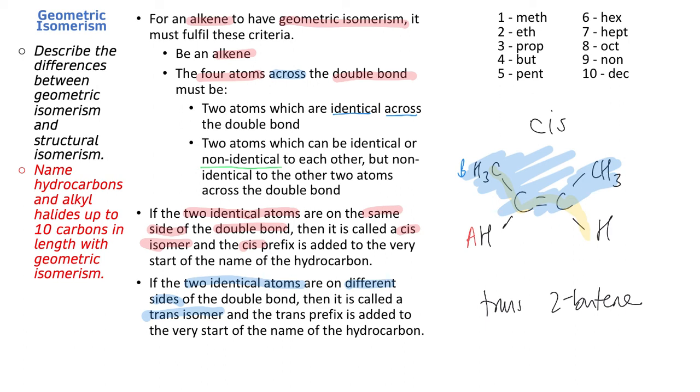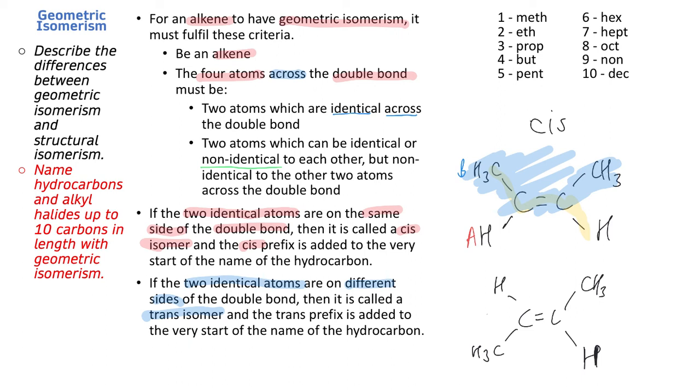However, if you go back to the trans isomer, I might just redraw a trans isomer, if I just quickly draw that out. The trans isomer is going to have only dispersion forces because this is still a fairly symmetrical substance.